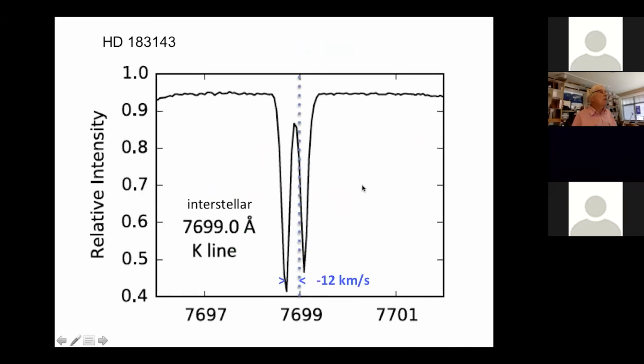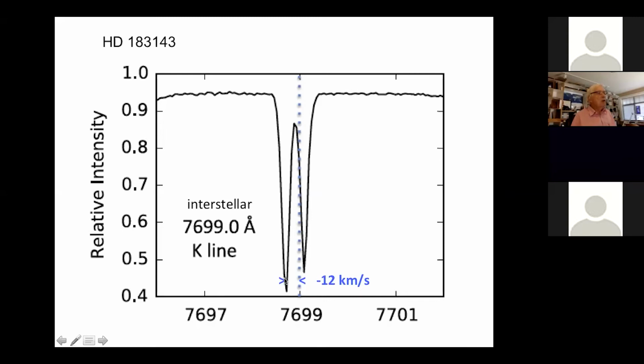Now, when one wants to see whether the lines which we have detected or the bands we've detected are actually coincident or congruent in wavelength with those from the lab, we have to take account of the interstellar clouds between us and this star HD 183143. And in this case, you see that there are two clouds which are separated by nearly 20 kilometers per second.